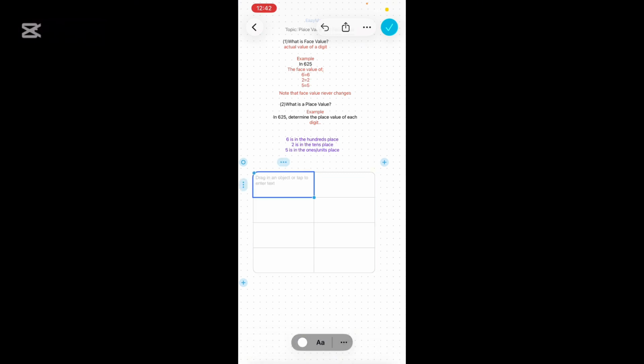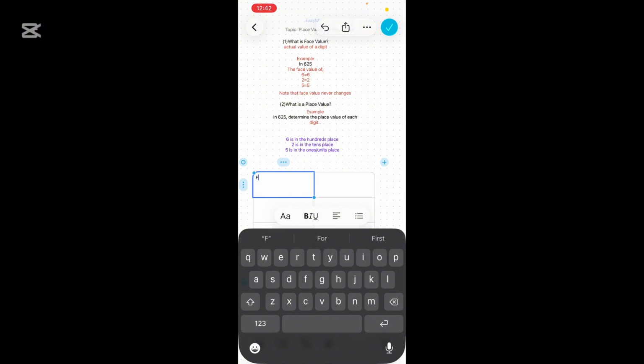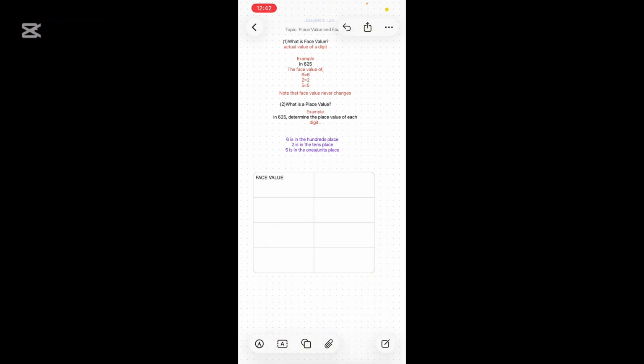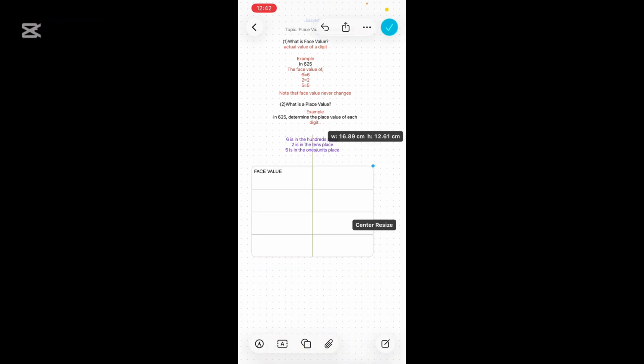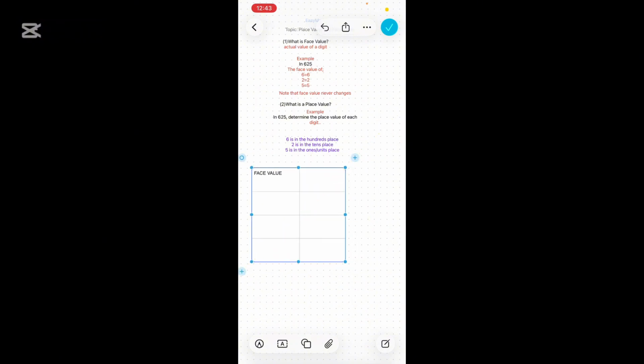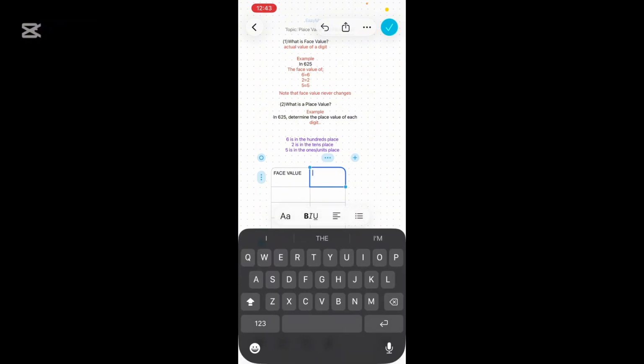On this side of the table, we are going to have face value. I think it's preferable we reduce the size of the table. And on this side, we are going to have place value.